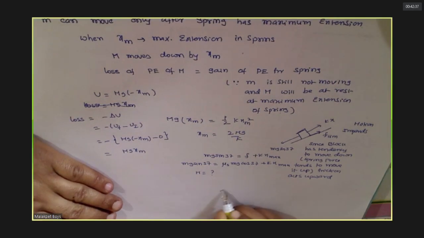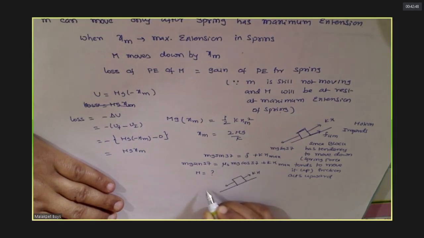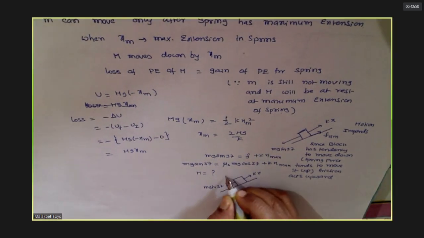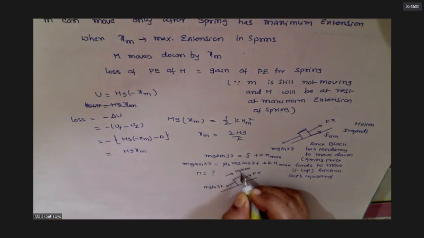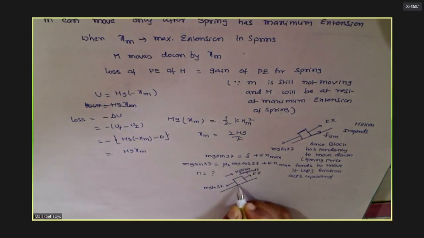Then let us see it this way. What is the question? Read that. A block of mass m is attached to a spring of constant k. So this is the verge of motion, no? Correct, motion impends this way. So friction should be this way.